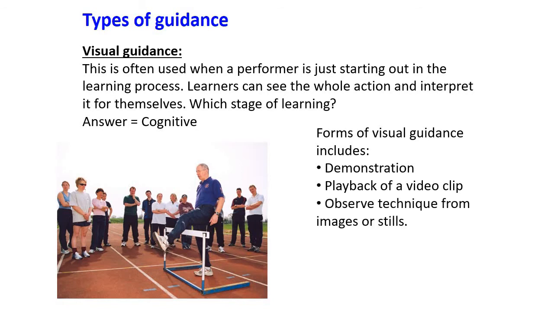Observing techniques from images or stills from pictures or videos, and even cones and court markings, putting guides out and key things that we can look for on the floor or to aim for as some sort of visual guidance. For example, you've probably seen in the sports hall, we have those little crosses on the top of the backboards, the basketball, it says aim here, showing where to aim when you're performing a layup.